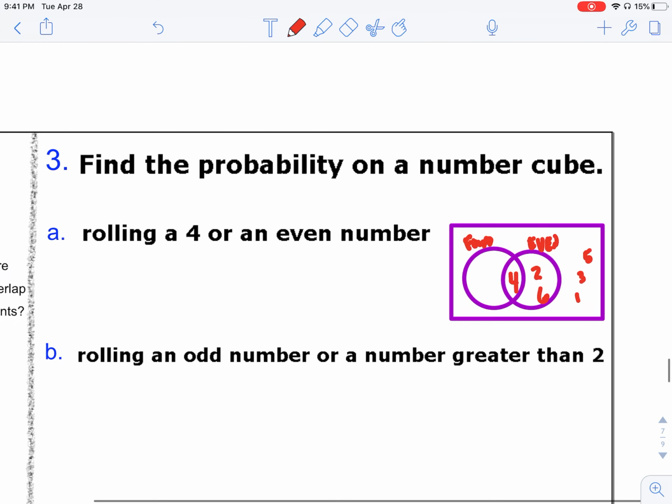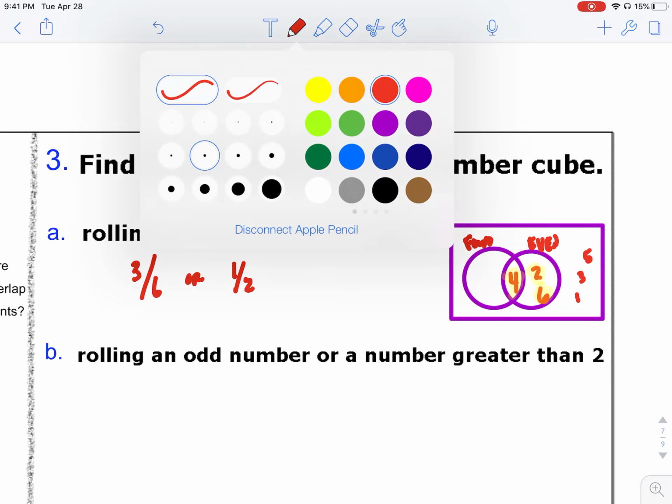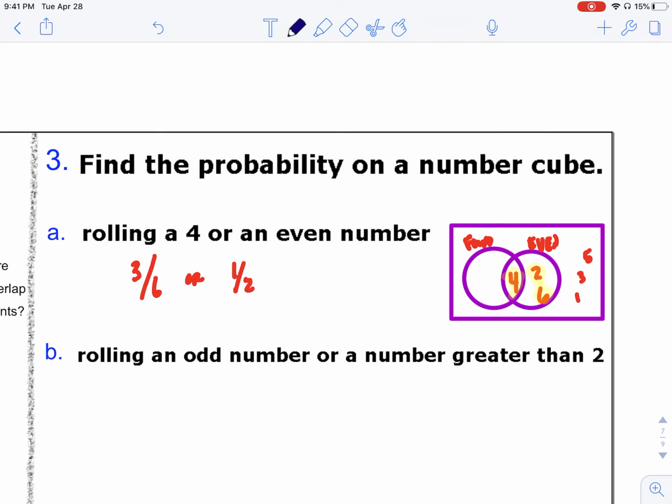All right, so what's the probability that you roll a 4 or an even number? Well, how many are there? There's 2, 4, or 6. There's really only 3 elements. So if I have the picture, I can just look right at it and go 3 out of 6, or 1/2. But if you didn't do the picture, you might think, okay, probability of rolling a 4 is 1/6, plus the probability of rolling an even number is 3/6.